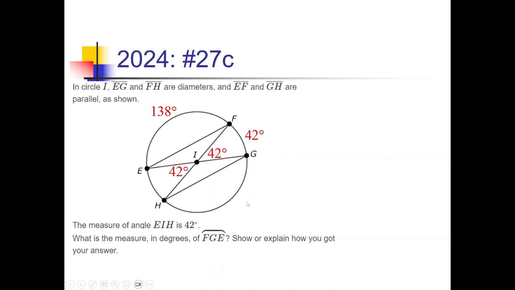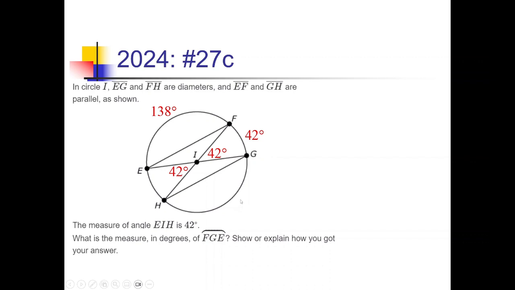For part C, now they want the measure of major arc FGE, this whole piece here. Now you might be thinking, okay, I've got 42 here, I've got 42 here. If I could only figure out this other missing arc, I could add those three together and that would give me what I need. And that's definitely one way to do it.